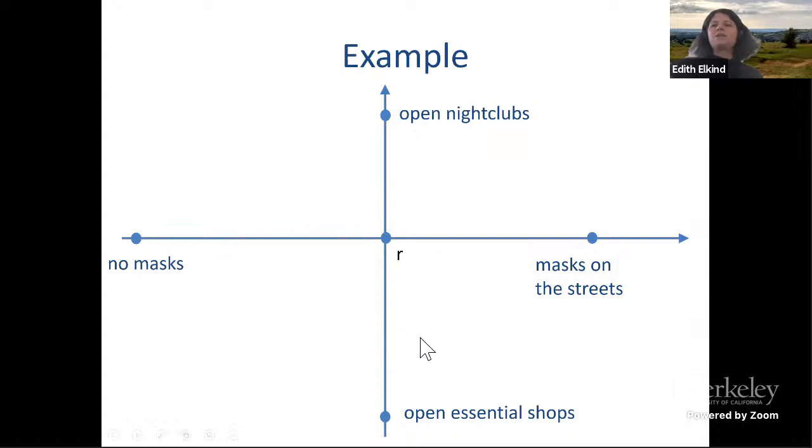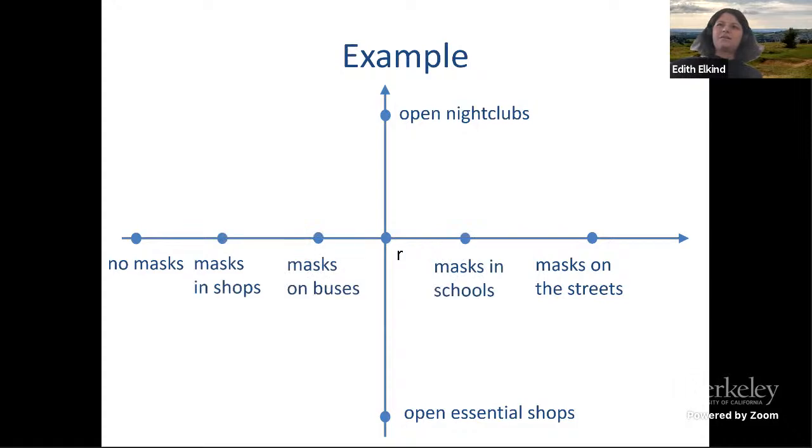There would be things open beyond essential shops, but certainly nightclubs and large group activities would not be open, and there were requirements to wear masks on the buses and in the shops. But in the UK, there was never a requirement to wear a mask in the street. So that would be the current reality.